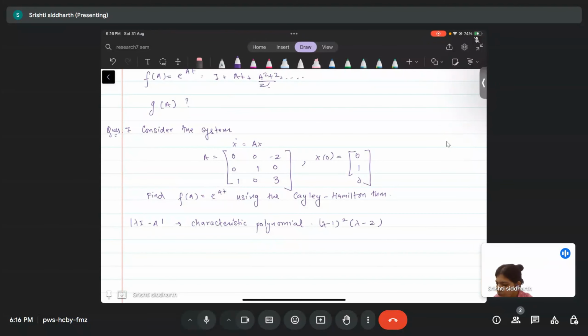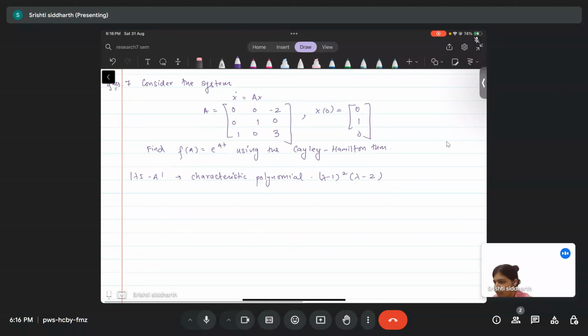So you can compute this. Okay, so what are the roots? We have repeated roots minus 1, minus 1, and then we have a distinct root 2. So this is the case of repeated eigenvalues. And now we'll see how to compute that function g, or those coefficients beta, in the case of repeated eigenvalues.